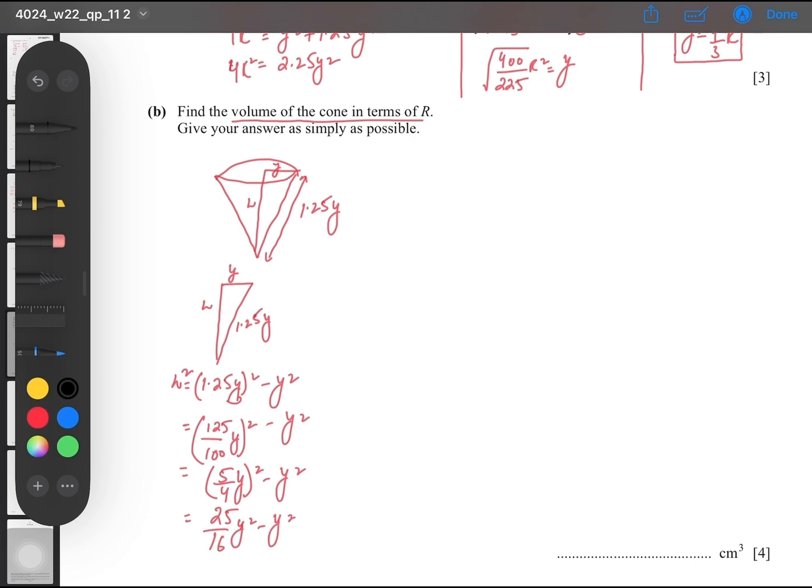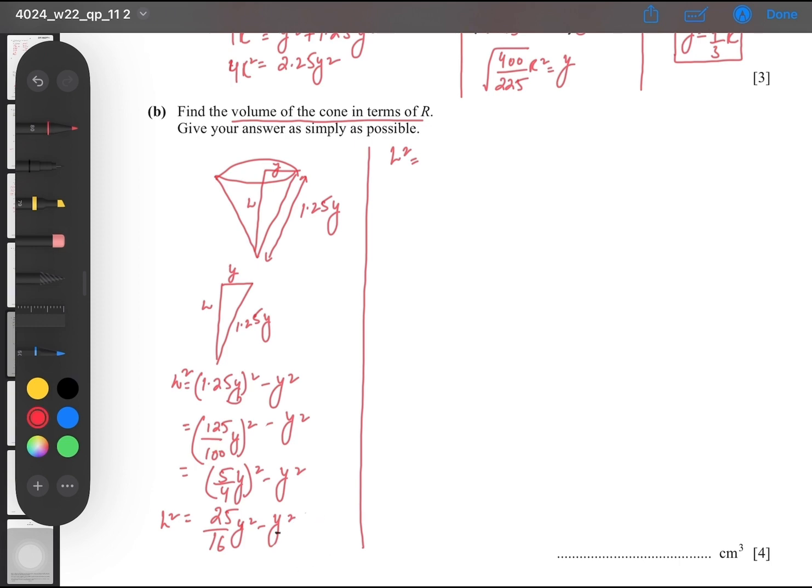Now I'm going to make the denominator the same. Again I made a mistake, so I have to make the denominator the same by multiplying by 16.